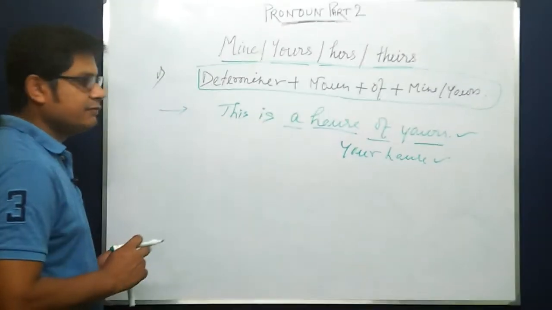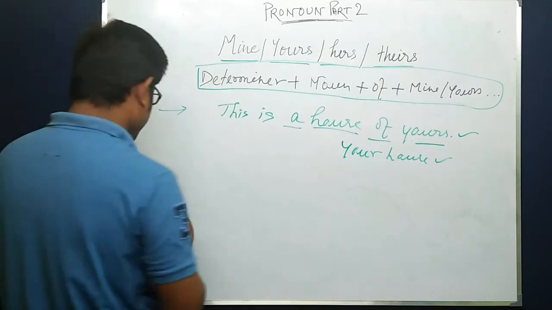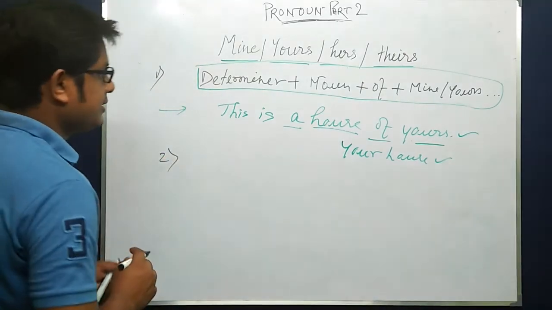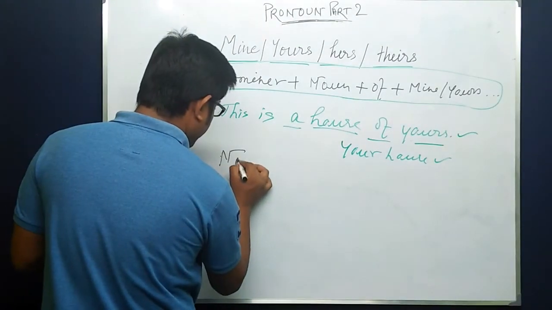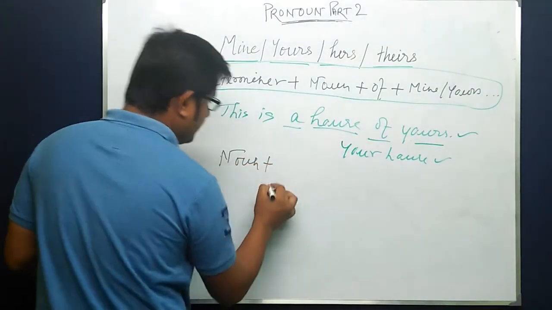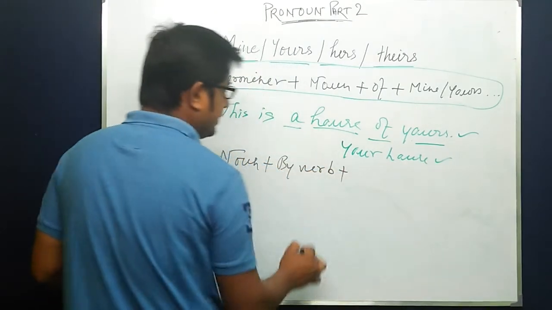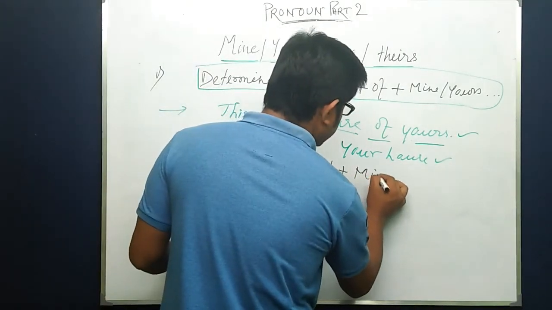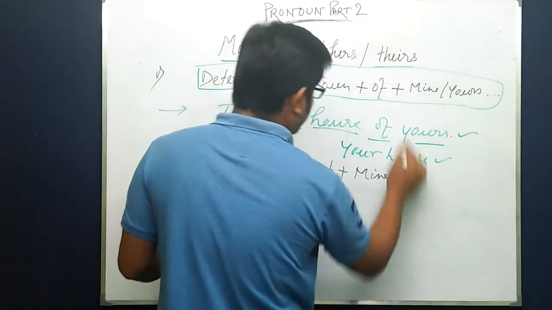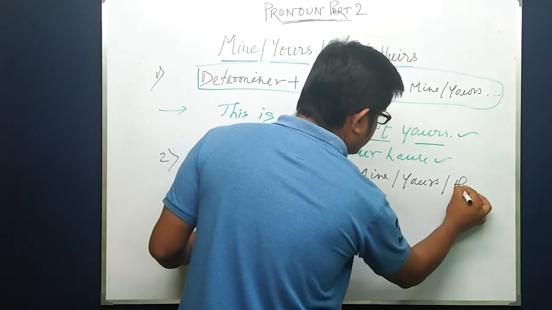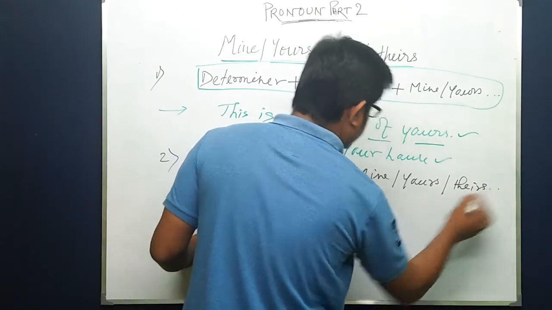Let me give you number two, the second way of using. You can write noun plus a be verb, then these possessive pronouns, mine, yours, theirs.